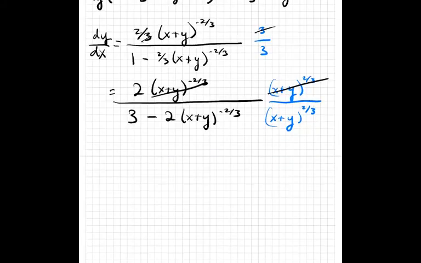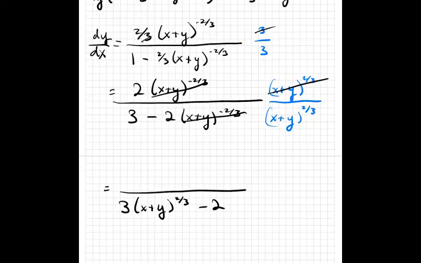I just felt like we didn't need so many of those. So we're going to finish with 3 times (x plus y) to the 2/3 minus 2 under 2. That's dy by dx.